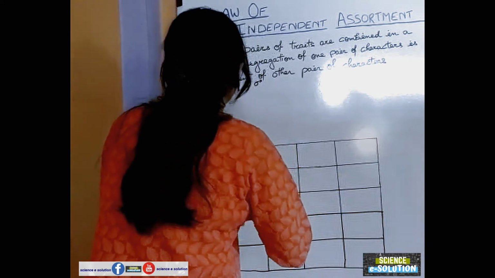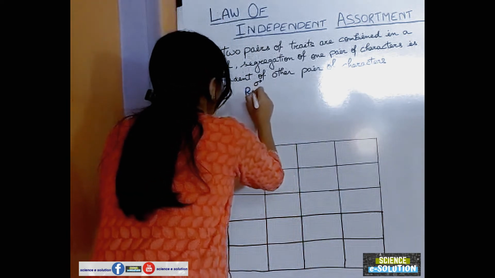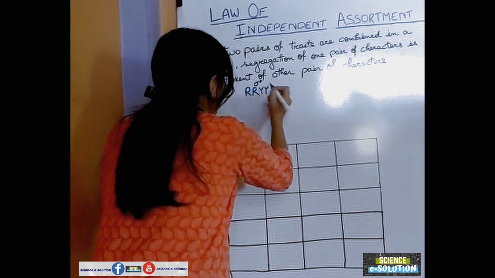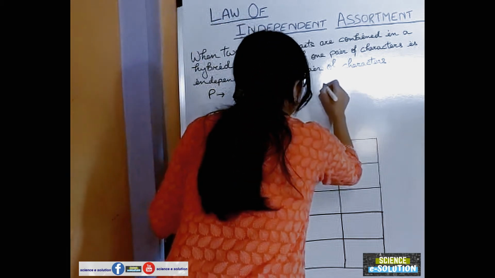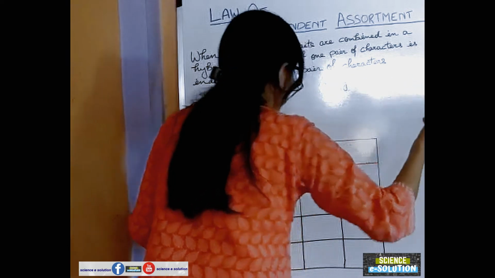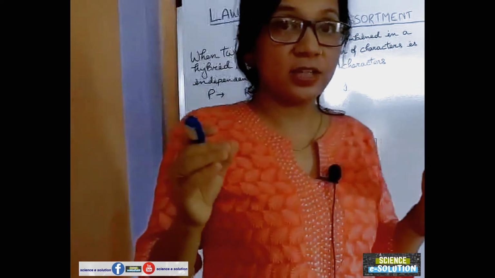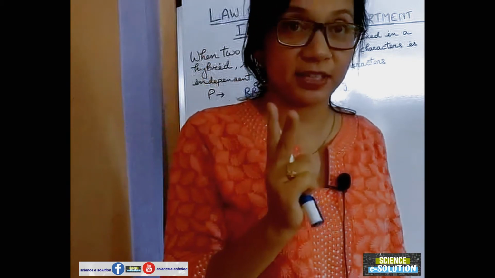We will take one parent fully dominant, that is it contains RRYY, and cross it with the other parent, which contains recessive genes, so we will write it like this. So we are taking into account a dihybrid cross, a cross which involves two characters.